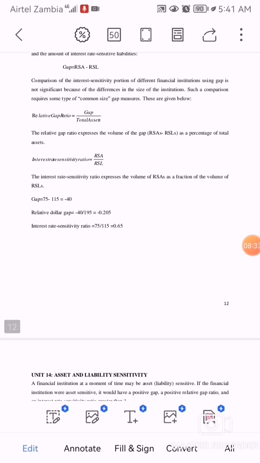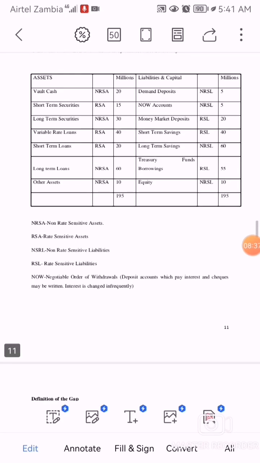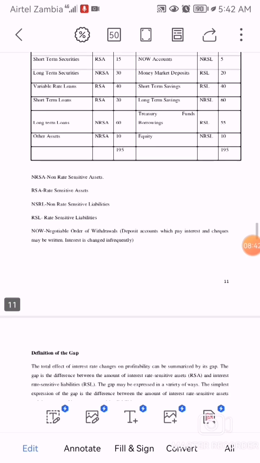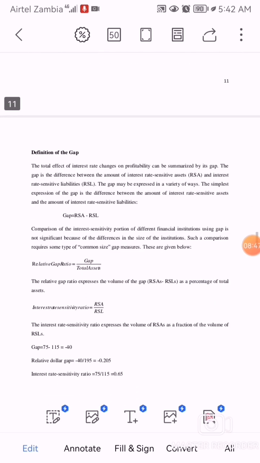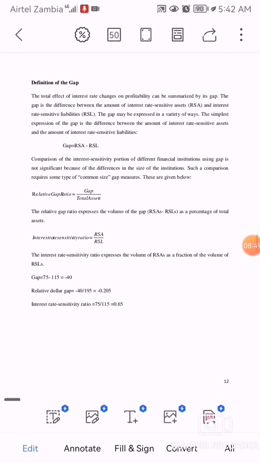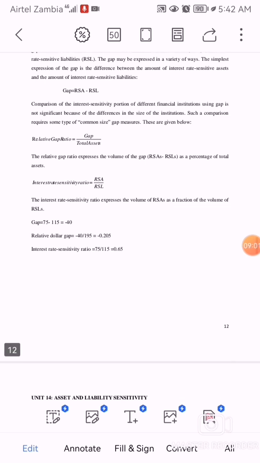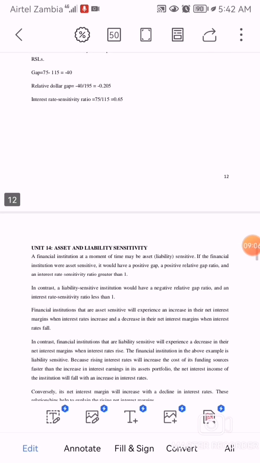Since we found 75 when you sum this up, and on the other side you get 115, you found a difference of negative 40. This time, you just do 75 divided by 115. That's your interest rate sensitive ratio, which should be less than 1. Why? Because the gap is negative, causing the relative gap ratio to be negative, because the top value is going to be negative. So that's how you do your calculations, that's how you do your formulas.